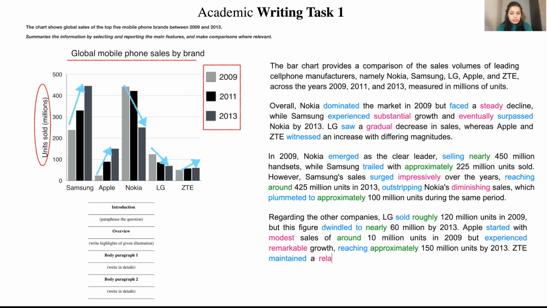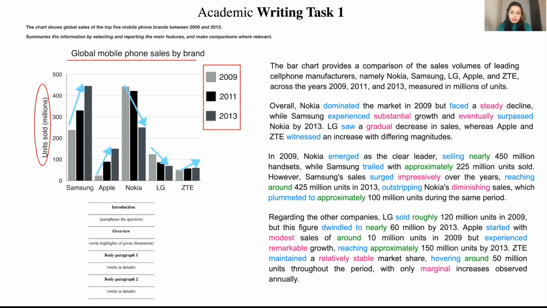ZTE maintained a relatively stable market share, hovering around 50 million units throughout the period, with only marginal increases observed annually.